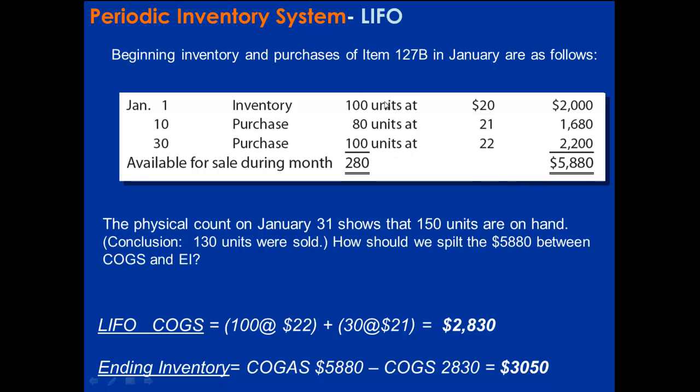Now, instead of working from the oldest to the newest, we're going to start with the newest and work up towards the oldest. So we take 100 at 22 plus 30 of the $21 category, for a total of $2,830 of cost of goods sold. Once again, we have $5,880 as our cost of goods available for sale, and the difference between that and the cost of goods sold is our ending inventory.